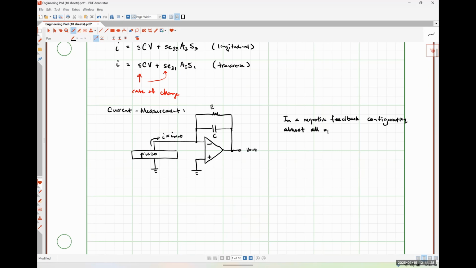almost all op amps can be treated as ideal op amps. And the consequence of us being allowed to treat this op amp as an ideal op amp is that one, no current will flow into the input terminals of the op amp.